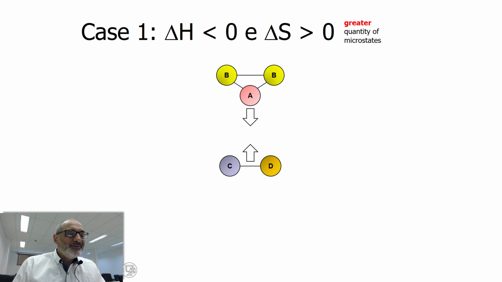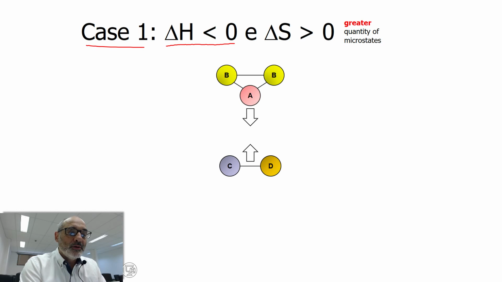So let's analyze one case. Actually, I want to analyze two cases, trying to infer how this variable could be proposed, could be defined. In this case, we're assuming that the process is exothermic, it's releasing heat. So that's one thing.